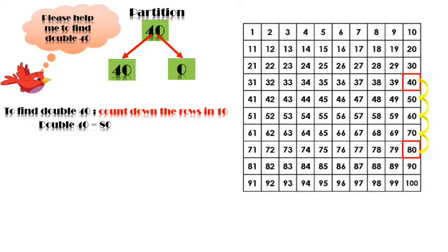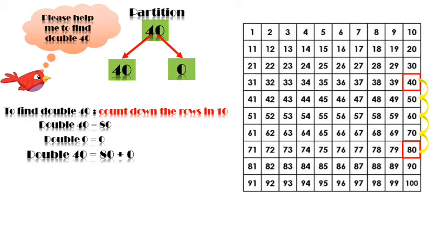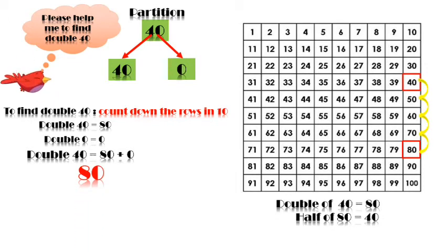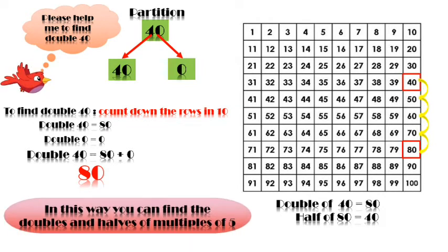Can we find the double of 0 here? No, right? So double 0 is 0. The double of 40 is 80, right? The half of 80 is 40. In this way, you can find the doubles and halves of multiples of 5.